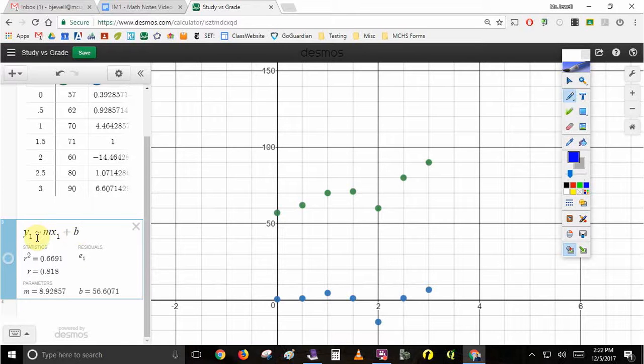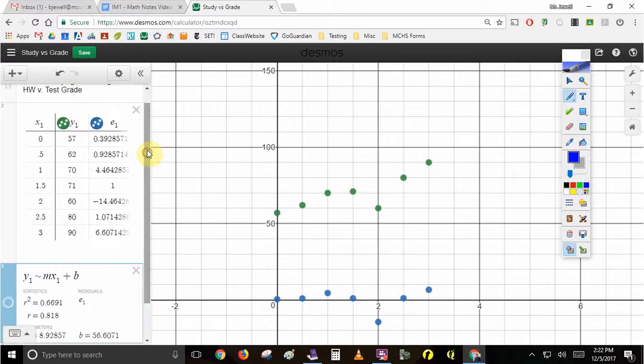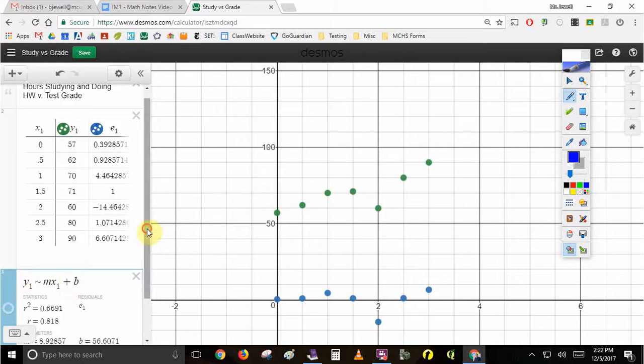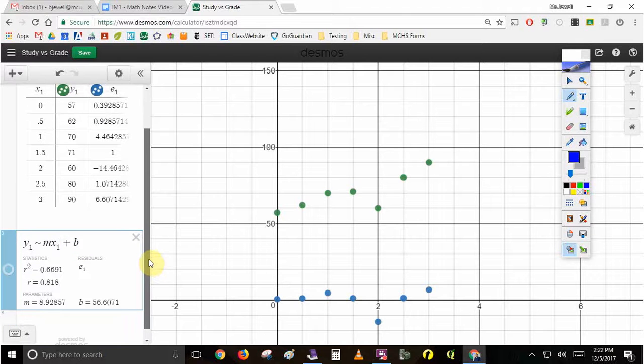So we just replace the equals with the tilde, and we add a 1 to our x and y. That needs to match the heading titles in our columns. So if this was x2, y2 in the table, then we would make it x2, y2 in our equation. But we're just doing 1 and 1 here.